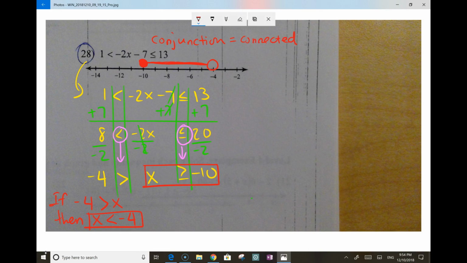So connected, conjunction. And so any value for x that you want to pick must come from between negative 10 and negative 4. You could use the number negative 10 itself if you wanted to, but you could not use the number negative 4 because the dot is open above that number.